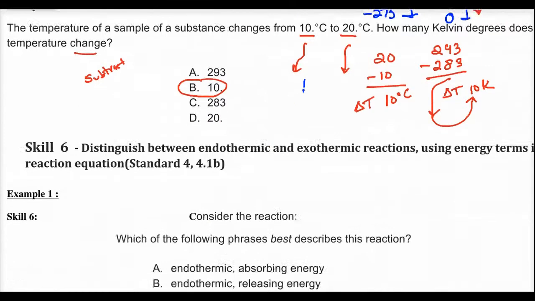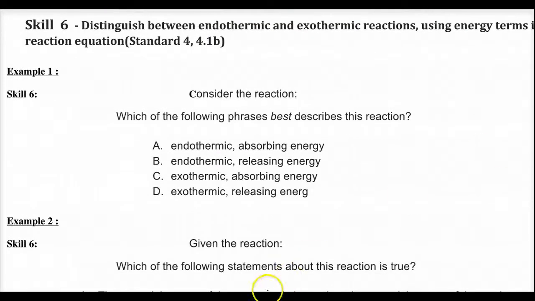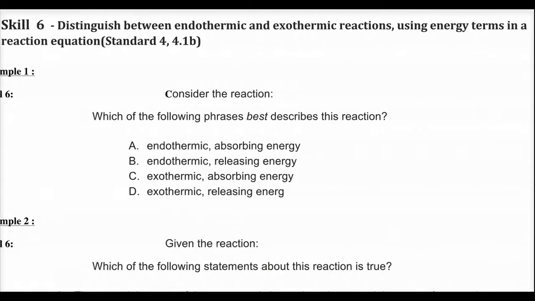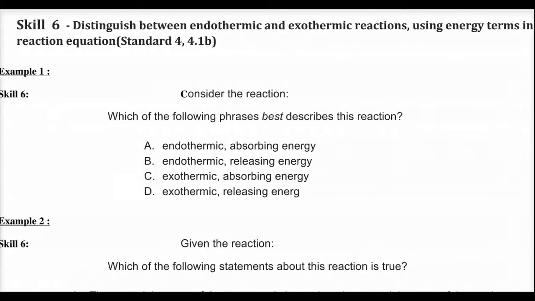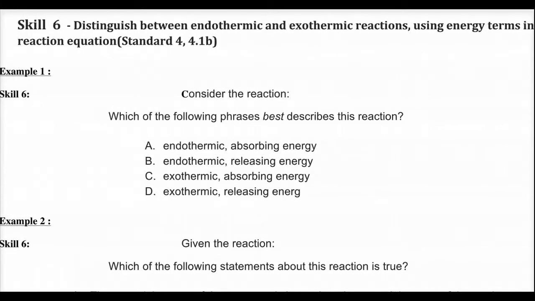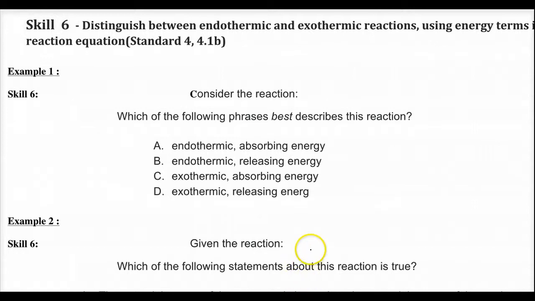Skill number 6. Distinguish between endothermic and exothermic reactions. We spent plenty of time using energy terms in a reaction equation. All right. So consider the reaction. Looks like they didn't give me a reaction. Okay, it's not written, but let's just make one up. Let's make A plus B gets me C plus energy.